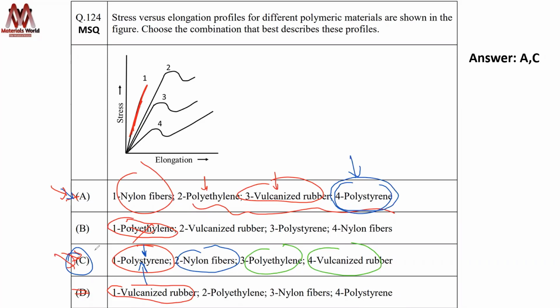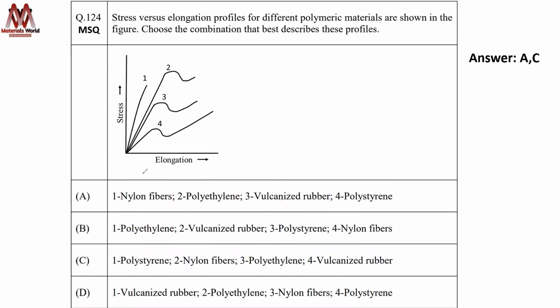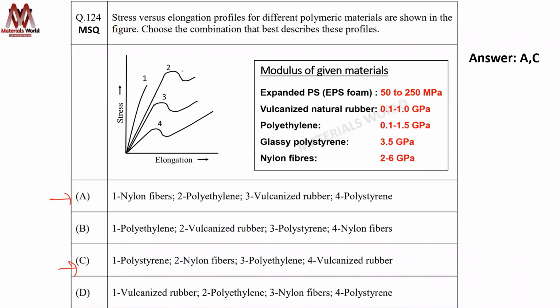Now, to state it more confidently, we can think about different modulus values. If I show you the modulus values, you see here your nylon fiber has 2 to 6 GPa, and glassy polystyrene has 3.5 GPa.